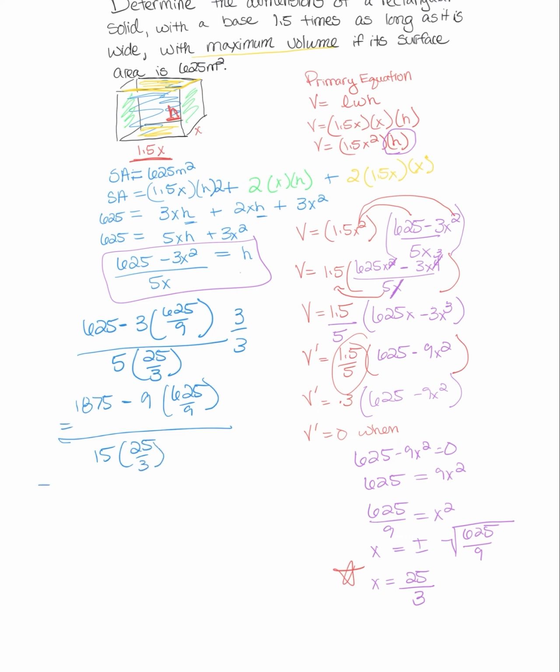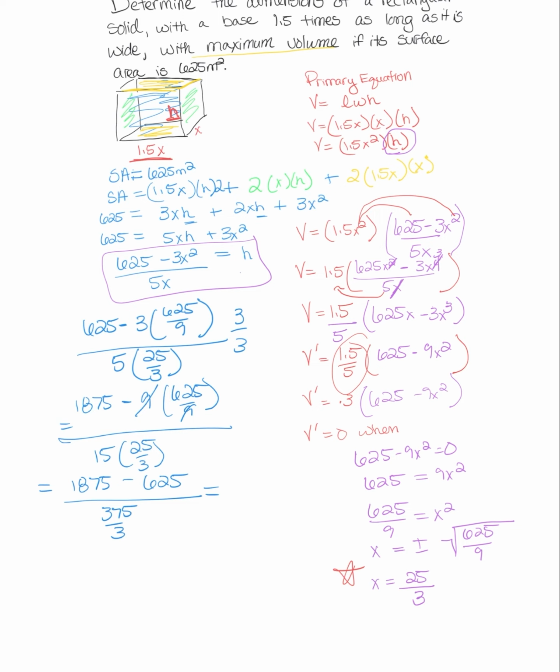Okay, so then these are going to cancel, which leaves me with 1875 minus 625 divided by, what is 15 times 25? 15 times 25 is 375, divided by 3.